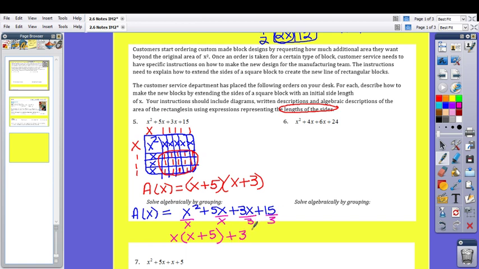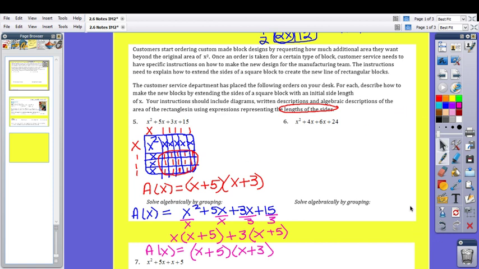This 3 cancels out, so x is left, and 3 goes into 15 five times. Now in these two, x plus 5 is common, so what is left is x and plus 3. So we can do the same thing the algebra way. Okay.